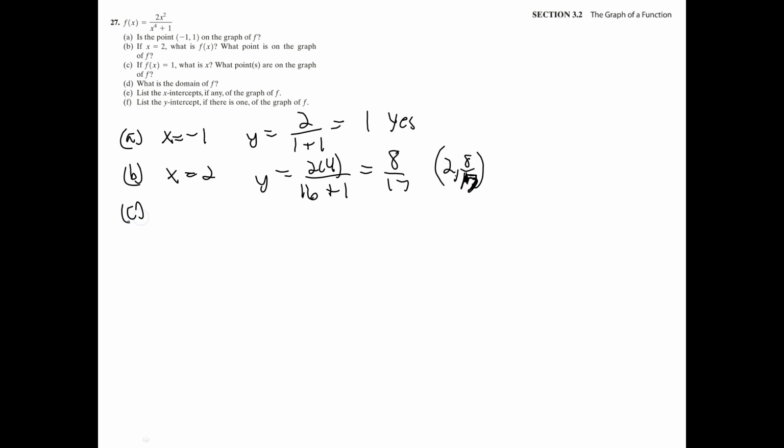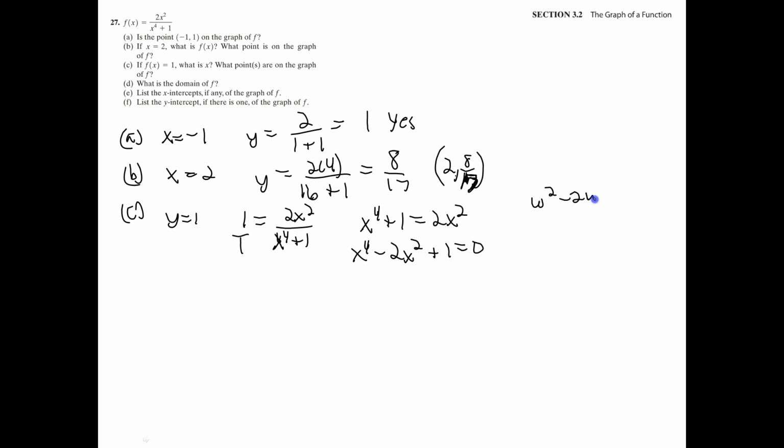Letter C, if y is 1, find x. This is going to be difficult. We cross multiply. We get x to the 4th plus 1 is equal to 2x squared, or x to the 4th minus 2x squared plus 1 is equal to 0. And this is quadratic looking. If it was w squared minus 2w plus 1, we would say w minus 1 and w minus 1.